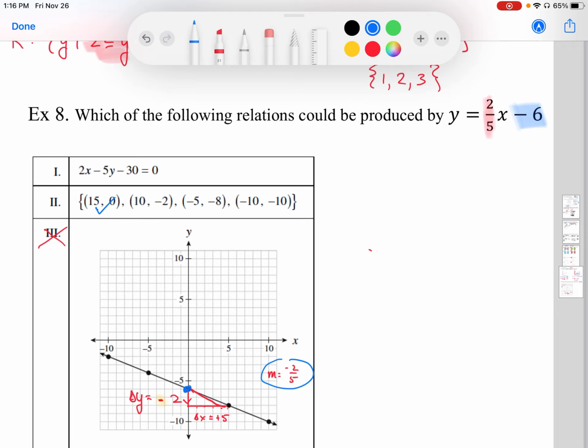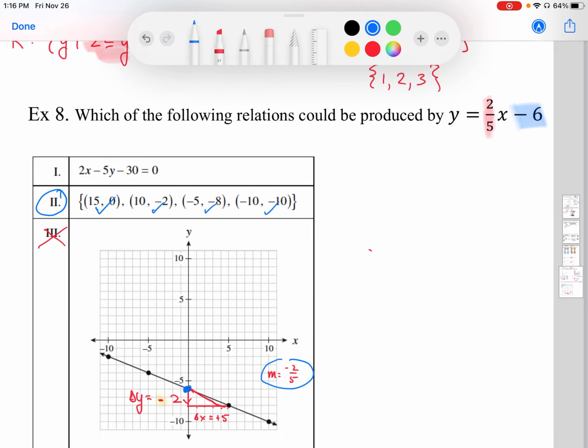If I plug in 10, I end up with 20 divided by 5 is 4, minus 6 is negative 2, that's okay. Negative 5, when I plug that in, I get negative 8, that's perfectly okay. If I put in negative 10 times 2 is negative 20, divided by 5 is negative 4, minus 6, negative 10. Those all match. Those points can all be represented by that function.